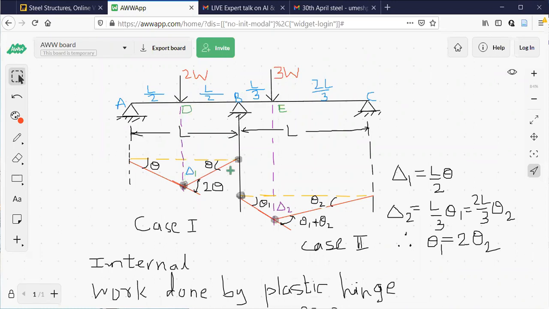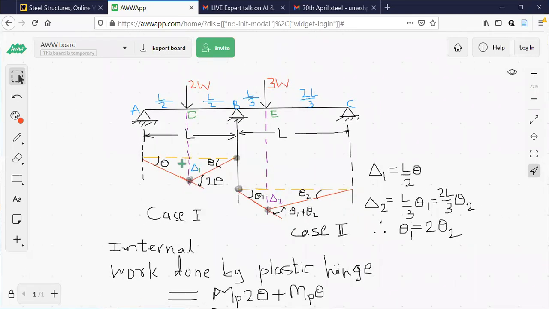At B, the moment is next highest, even though it is hogging, but it is next highest. So the second plastic hinge is formed here. So now the mechanism is formed. Now I can say that there is a mechanism in this span AB. So there are two plastic hinges that have formed. Okay.